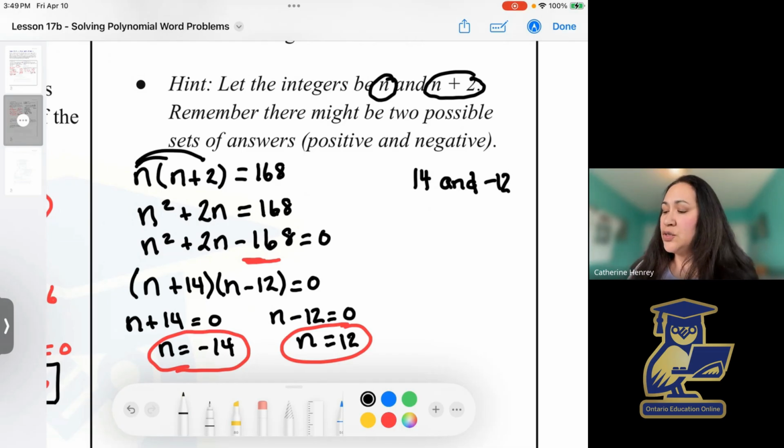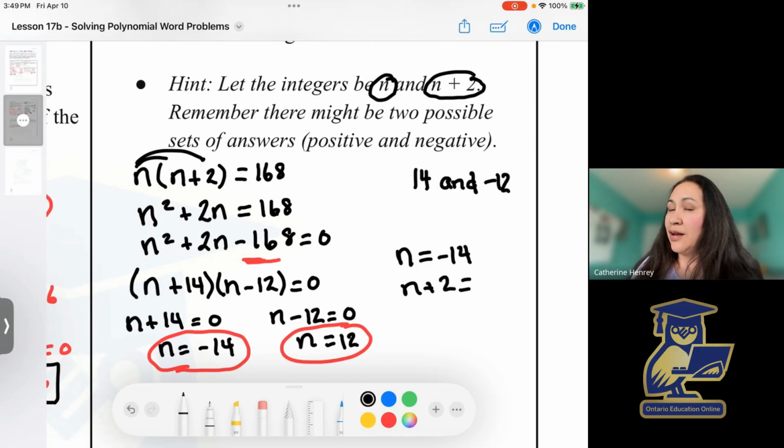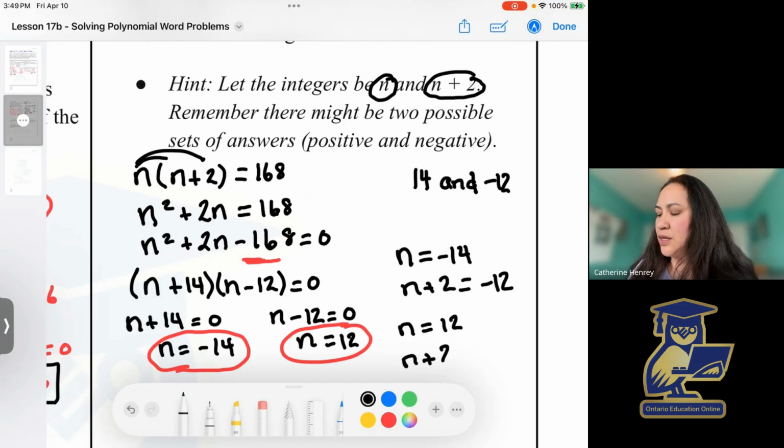The two integers, if n is equal to negative 14, then n plus 2 is going to be negative 12. So that's one solution. If n is 12, then n plus 2 is going to be equal to 14. And that's the other solution. So we do have two solutions in this example.